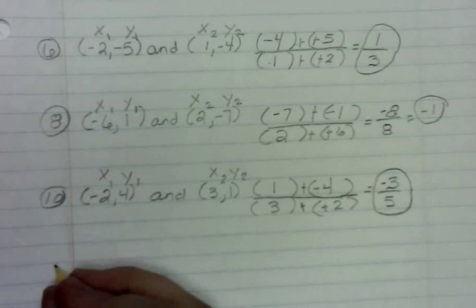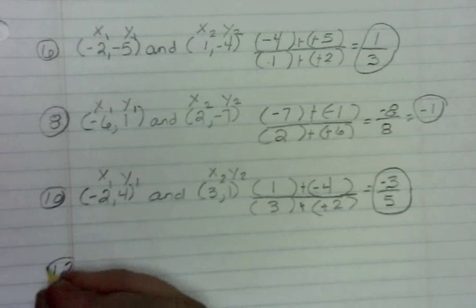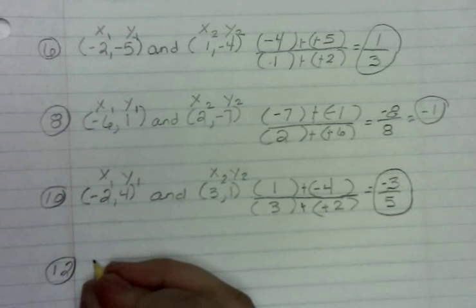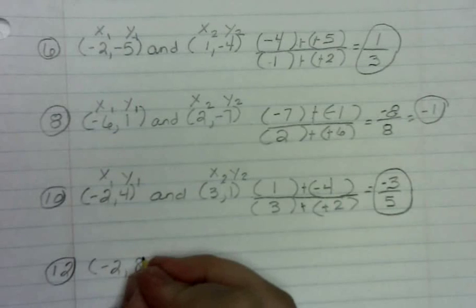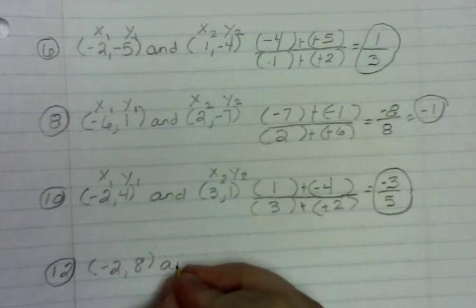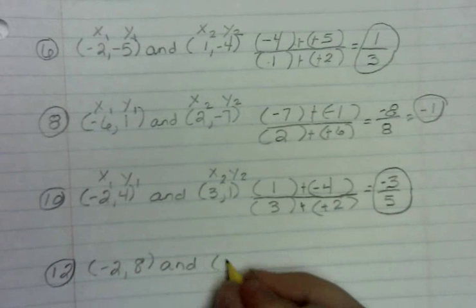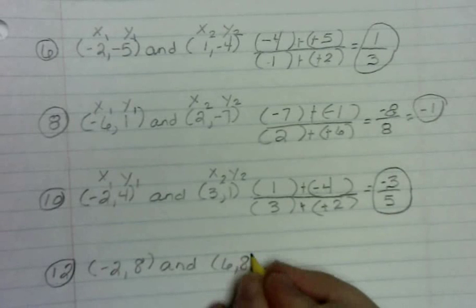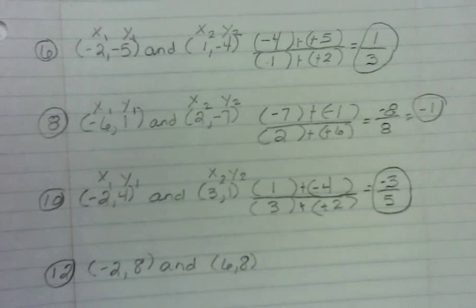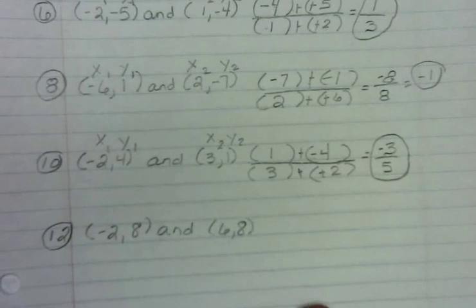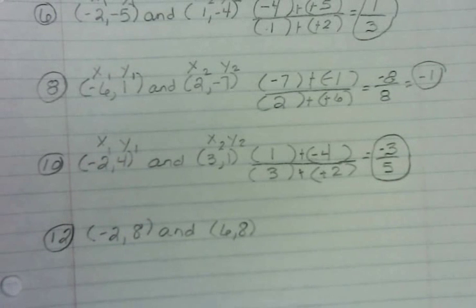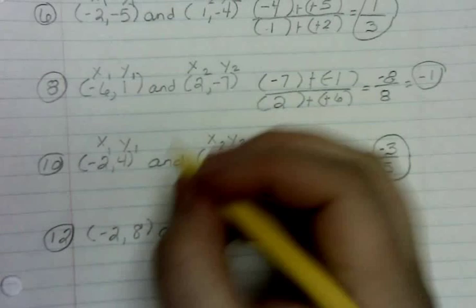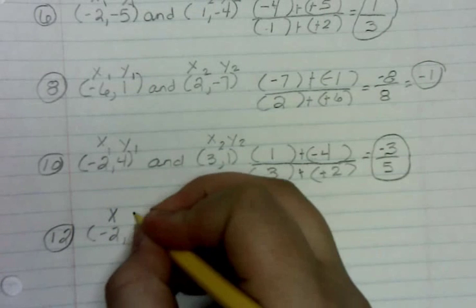Okay. Now number 12. We have negative 2, 8, and 6, 8. So I'm going to label my x and y values.